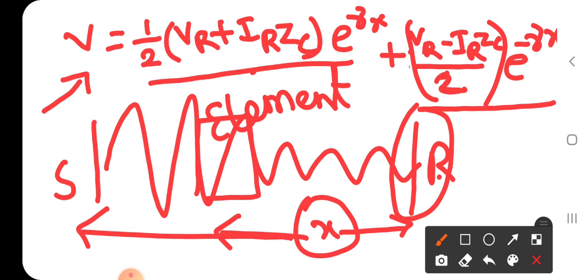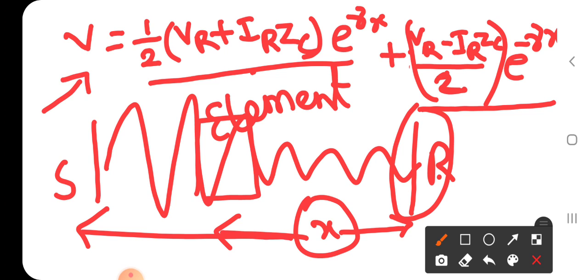Since we are taking the receiving end as the reference, as x increases, the value of voltage increases. That means the voltage wave decreases in magnitude as it travels from the sending end towards the receiving end.